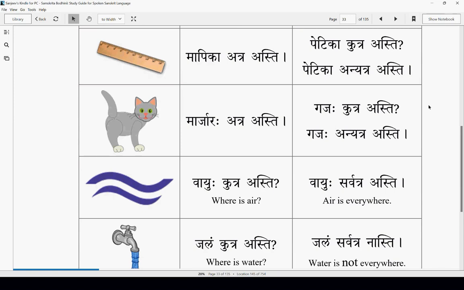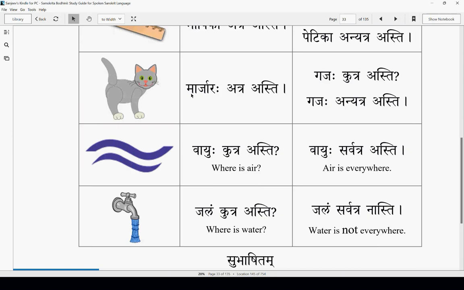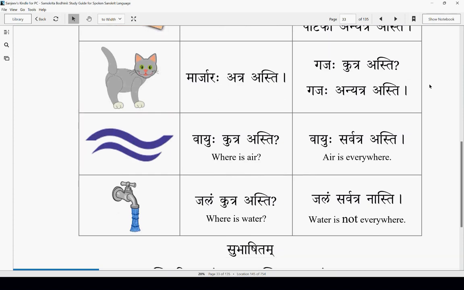Vayuh sarvatra asti. Air is everywhere. Jalam kutra asti. Jalam sarvatra nasti. Water is not everywhere. Marjarah, which is also called Bidalah, which is a cat.